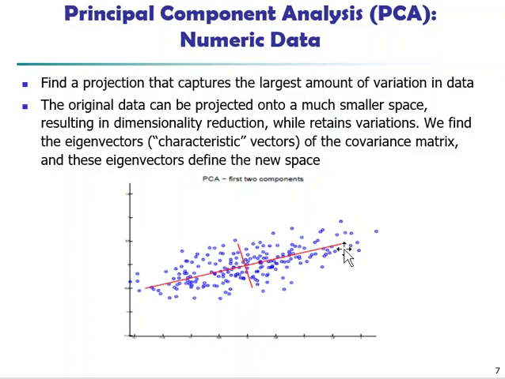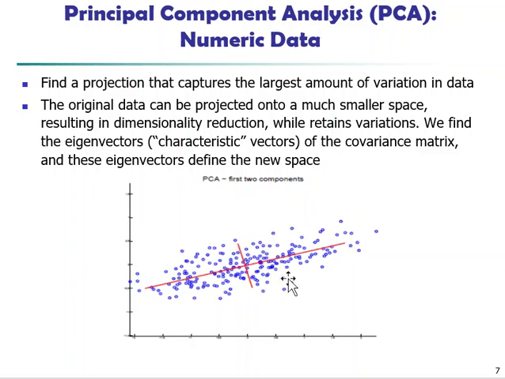So this is the idea of principal component analysis. If we could rotate the data and find those new dimensions, we could just drop the directions that don't carry or explain a lot of variance in the data. We keep those directions, or eigenvectors, that represent the majority of the variance in the data.